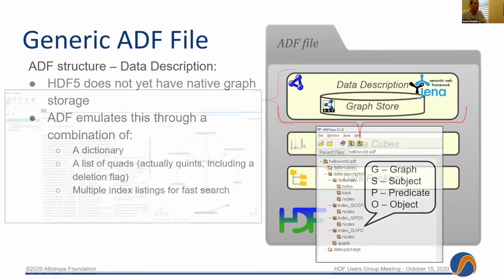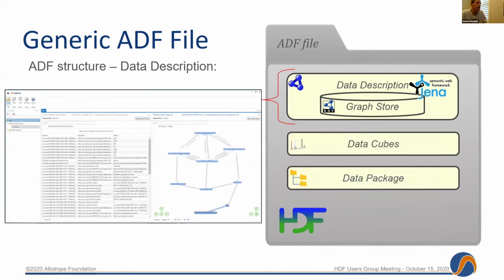So we'll see the same information with the ADF Explorer, the same graph store and data description. You see a set of triples as metadata, and you see the RDF graph that represents the same information of those groups of triples.